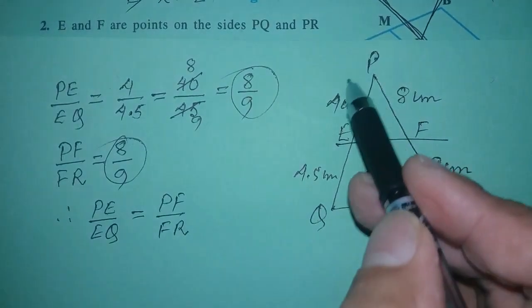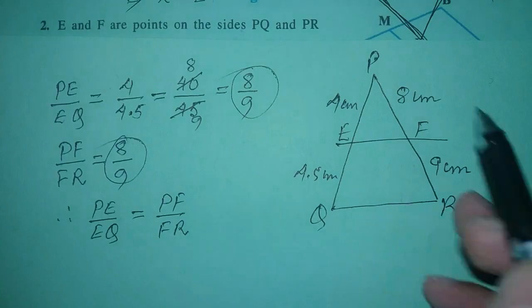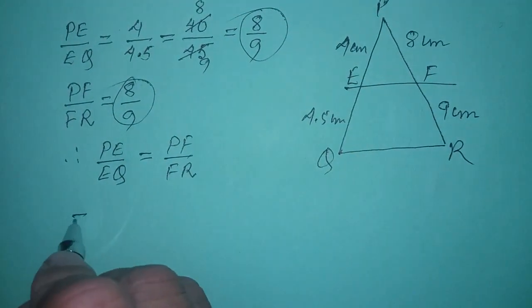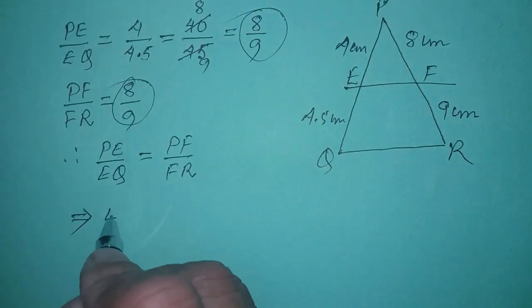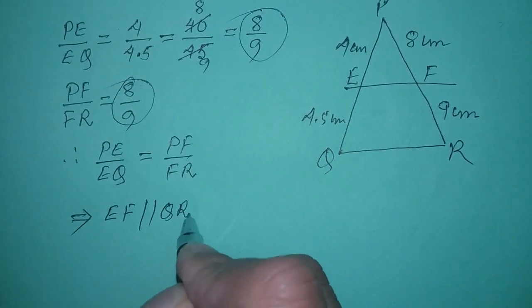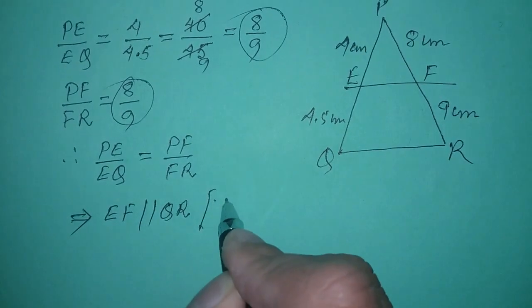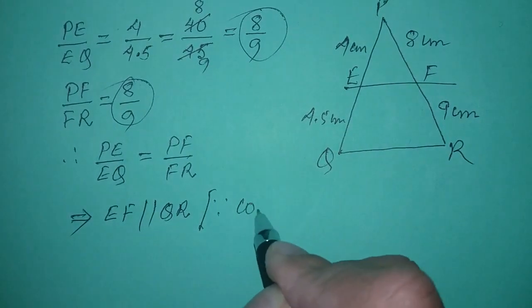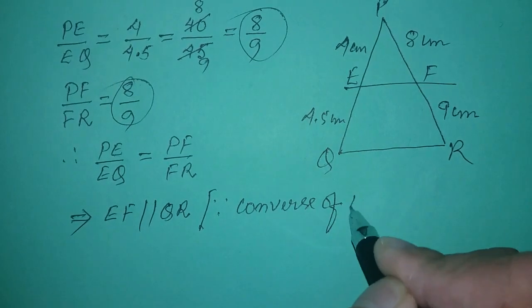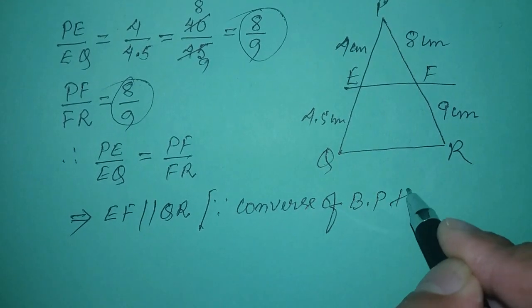Since the ratios of this and this are equal, this implies that EF is parallel to QR, since we're using the converse of the basic proportionality theorem.